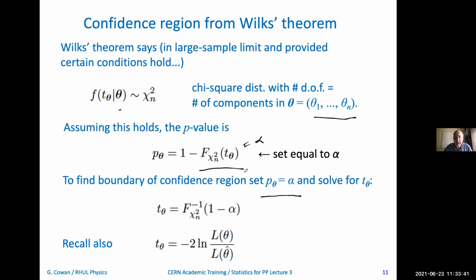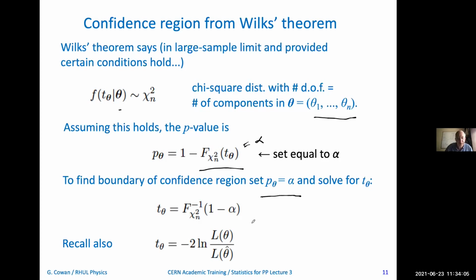And then I want to solve it first for t(theta). That's my first step. So put the alpha on the other side, and let me assume that I have access to the inverse function of F, which I do. And so that means that t(theta) is equal to F inverse of 1 minus alpha. This is the inverse of the cumulative distribution. That is simply the chi-squared quantile.